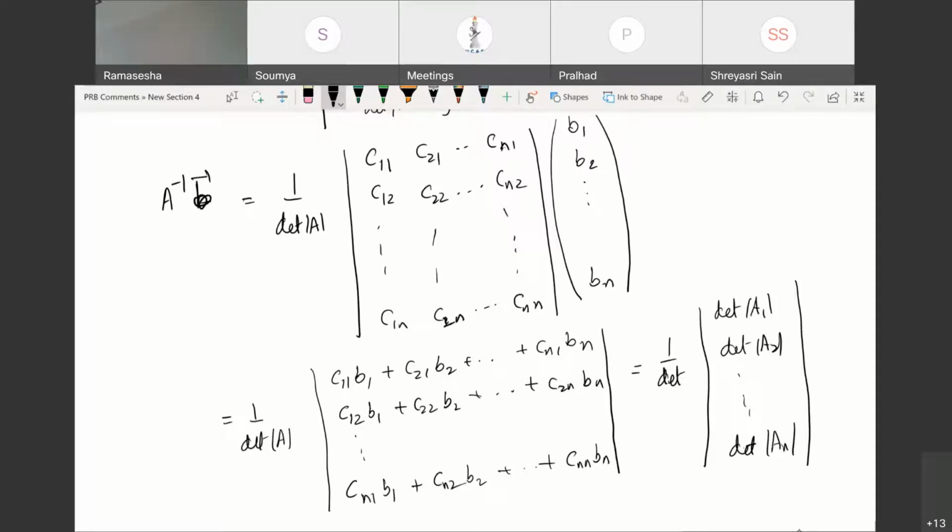Okay. Sir, how did you multiply a matrix by a determinant? No. I am not multiplying the determinant. See, C is the cofactor matrix. So this is a transpose of the coefficient matrix. I'm not multiplying determinants.